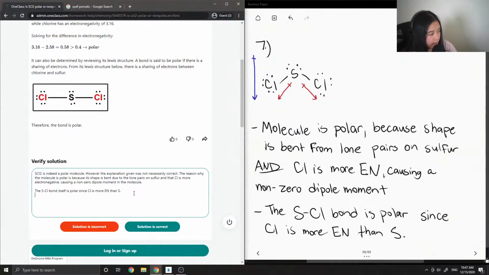And then I'll also say that a bond can be nonpolar.